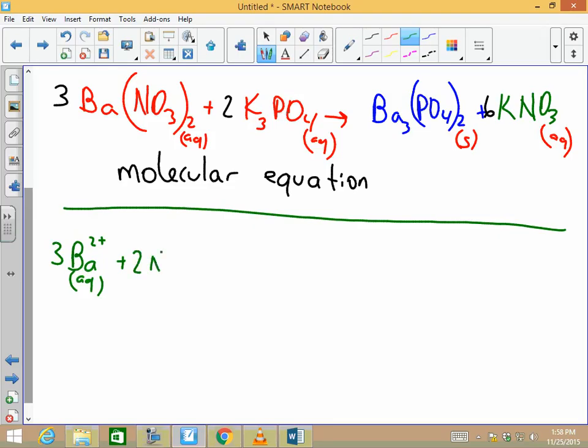I have 2 nitrates and 3, charge of 1 negative. It is also aqueous solution. Adding that with 6 potassiums, 6 Ks, charge of +1. It is also aqueous solution. Plus PO4. I have 2 of those, 2 PO4 charge of 3 negative as phosphate.